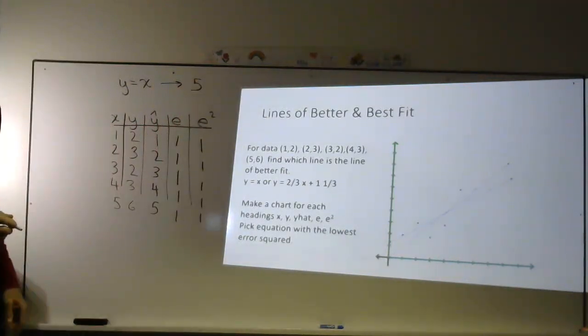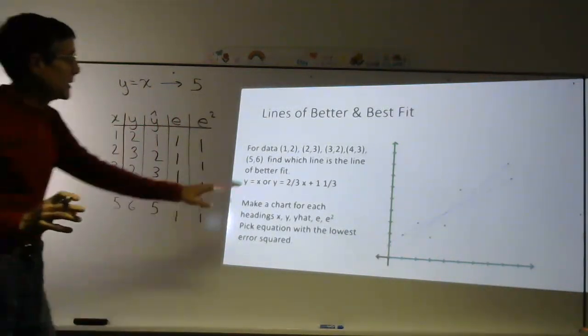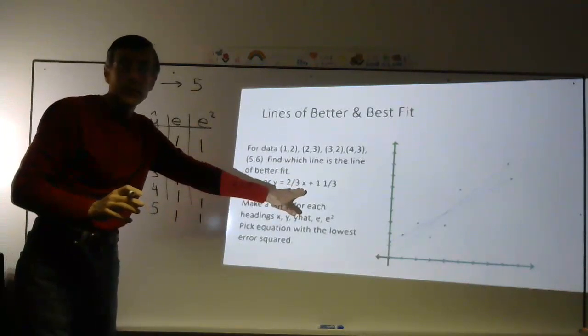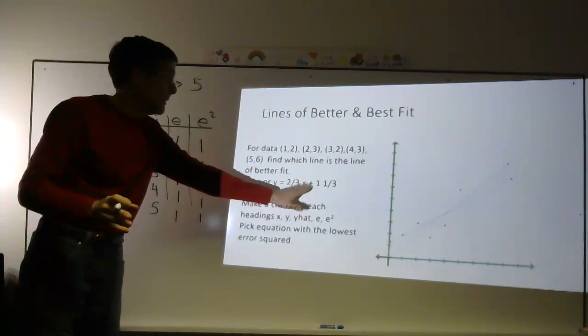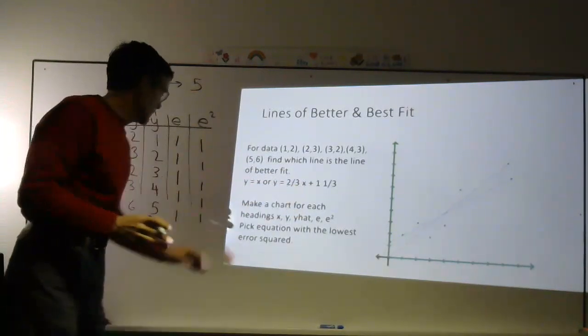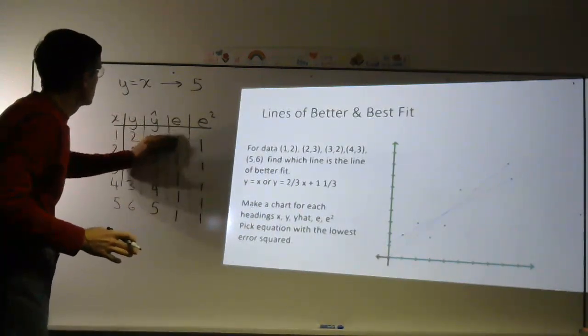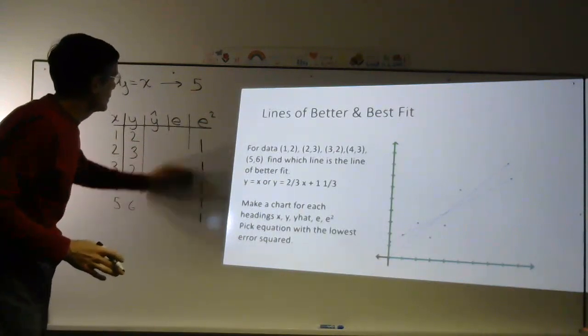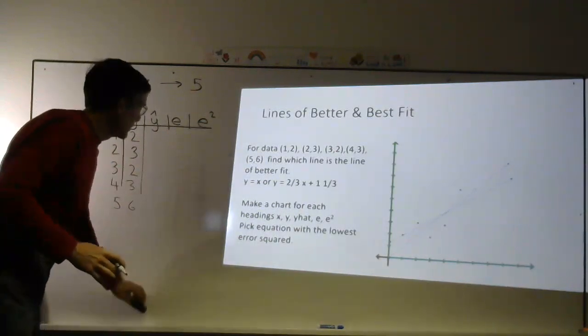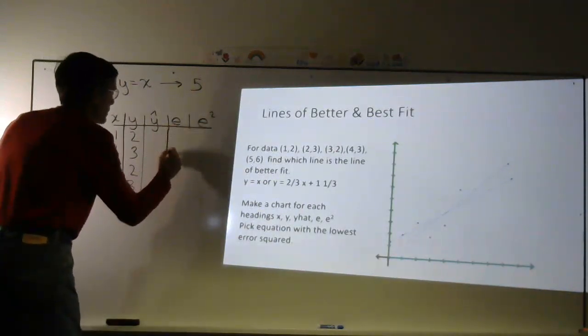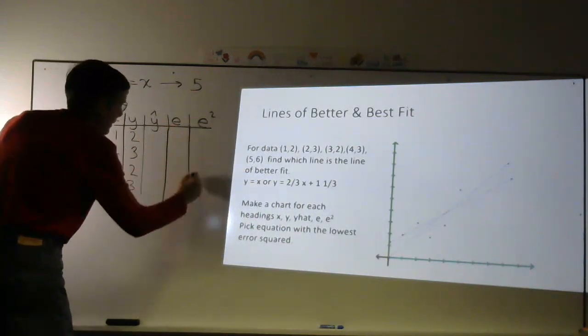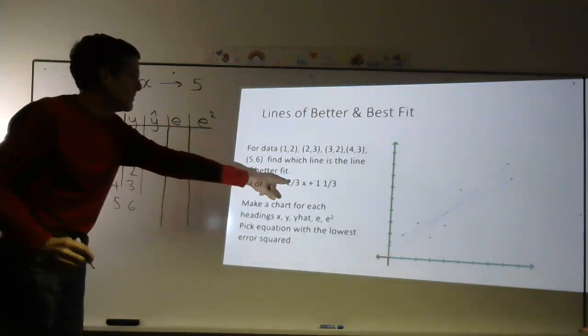That's the amount of error. Now, I wonder how much error this other line will give me. If it's less, that would be the line of better fit. And now let's do it again for this line.